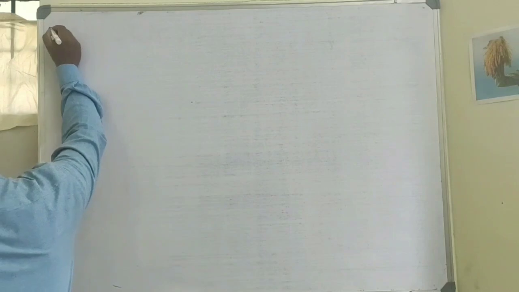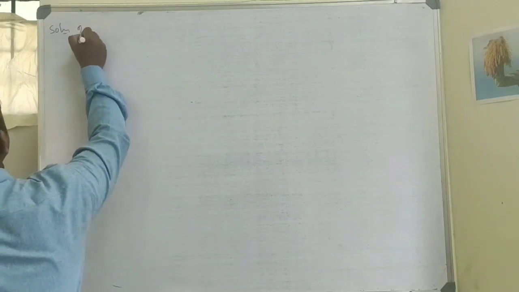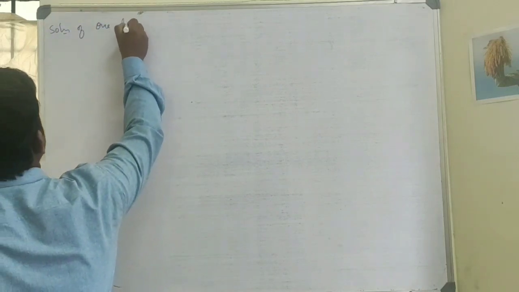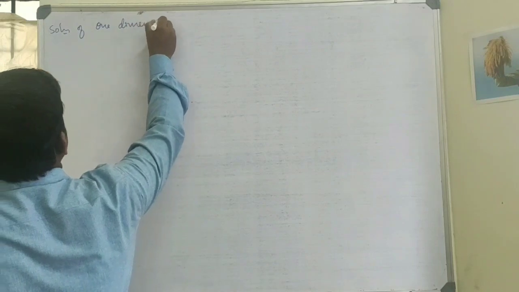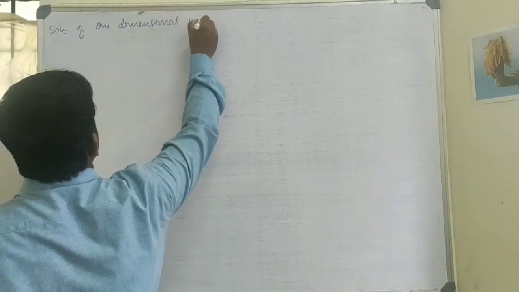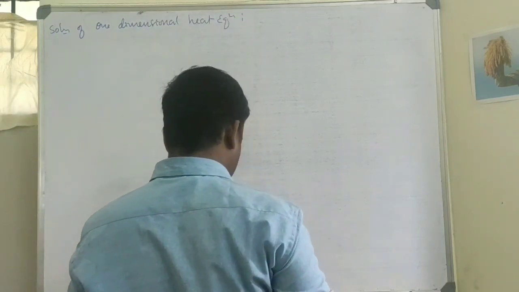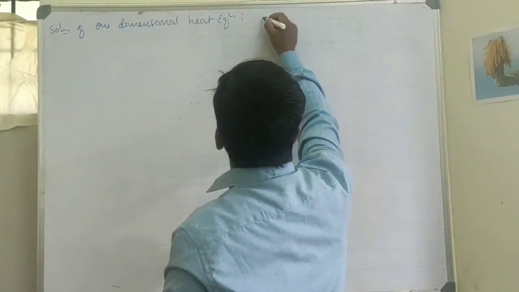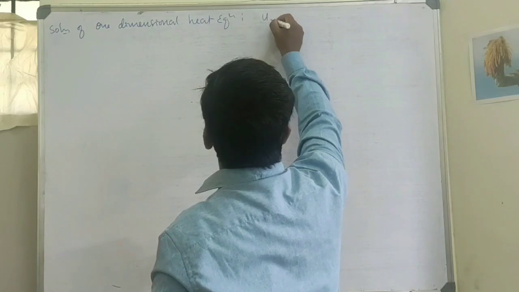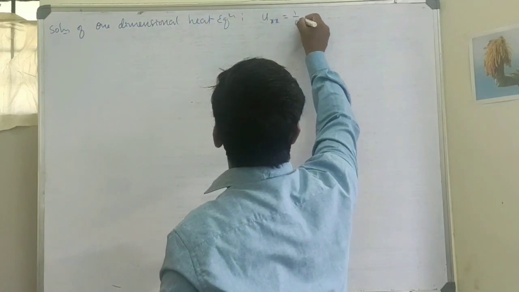So solution of one-dimensional heat equation. In its standard form, it is given by u double x equal to 1 by c square into ut.